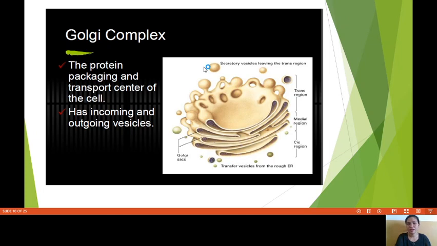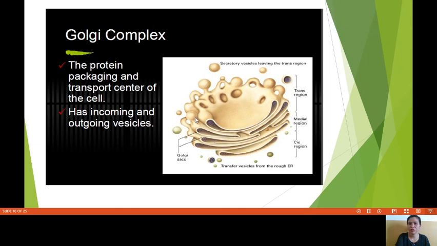When you say vesicles, these are the vesicles. It can be outgoing, meaning like this one, look. From the Golgi complex, they are going out.